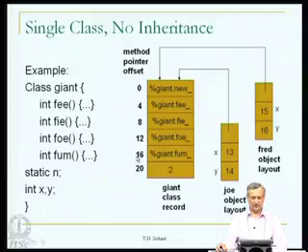So, let us show this for a single class with no inheritance. So, here is a very simple class giant. So, int phi, int phi, int fo, int fum, 4 methods, there is a static n and int x y. So, objects contain variables x y, n is within the class record and the method pointers are all here.